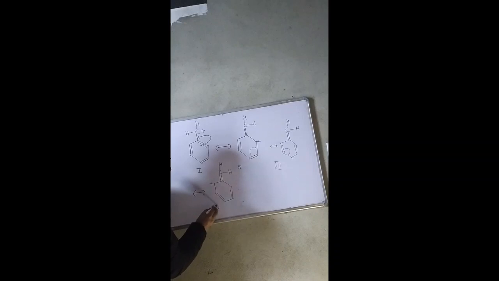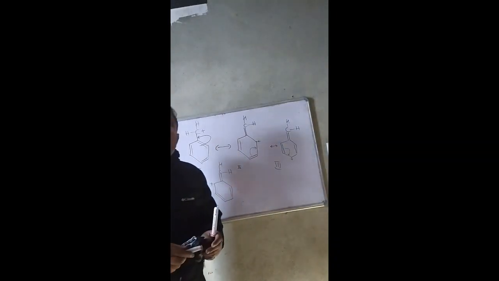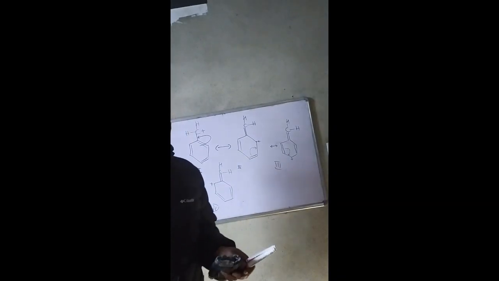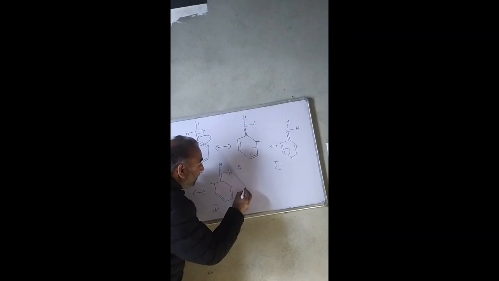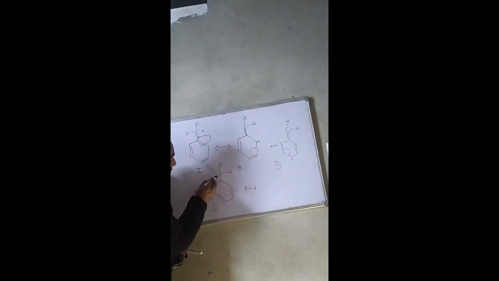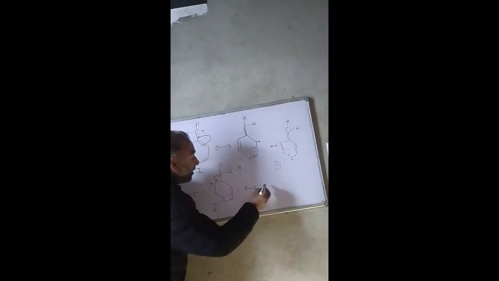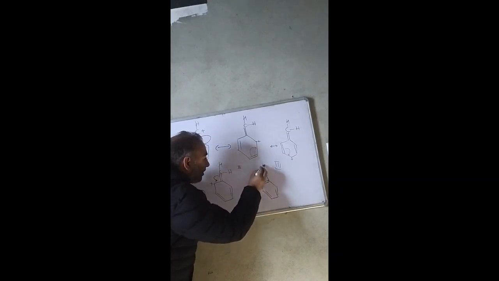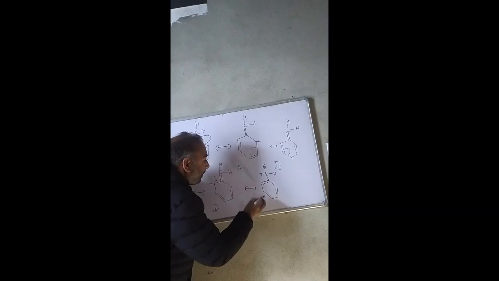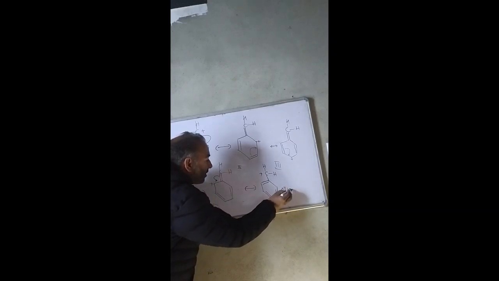So these are called resonance structures of carbocation, or contributing structures, or canonical forms. And at the end we will get the original. It will again move towards the ring and we get the original structure of carbocation.